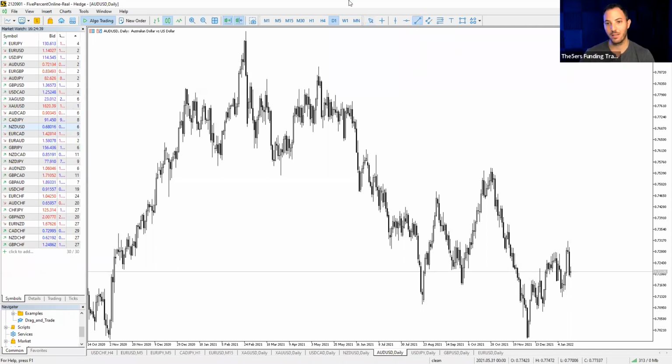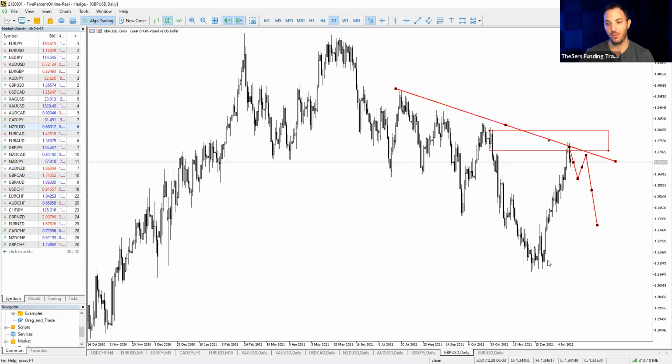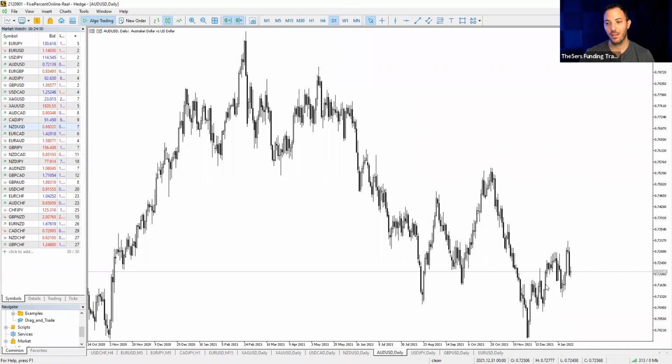We don't see the same movement as we see on the pound, a sharp movement up. You can see how this strengthening has been very weak, very slow. So we are forming a channel, probably a divergence.